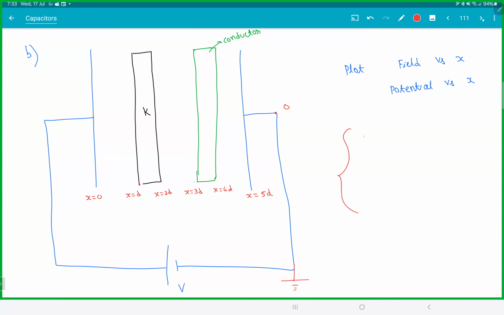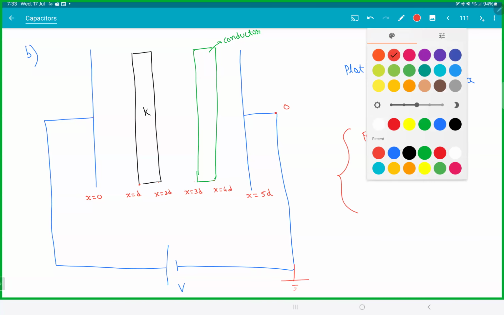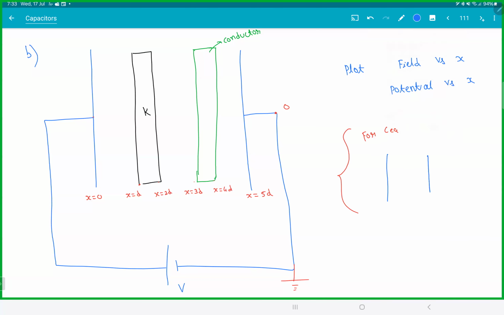Just to give an idea for C equivalent, if I ask you to find C equivalent in this question, you can simply treat this as a capacitor plate whose distance is 4d, and you can push the dielectric slab to one side. The conductor can be completely ignored. The space occupied by the conductor can be ignored or removed.